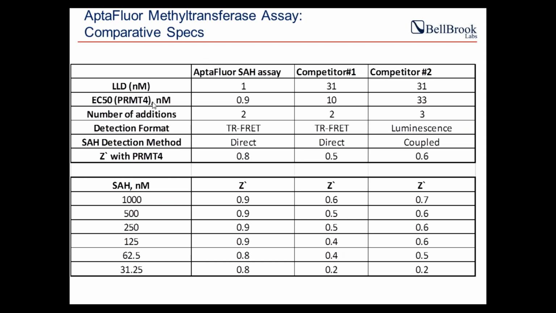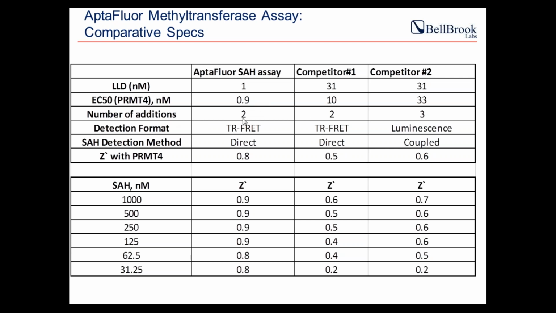So this EC50 was determined at 2 micromolar SAM, and we found that the EC50 was 0.9 nanomolar for our assay compared to 10 and 33 nanomolar for the competitor assays. So the amount of enzyme that you would need for an AptaFluor assay is several fold lower than the other assays out there.